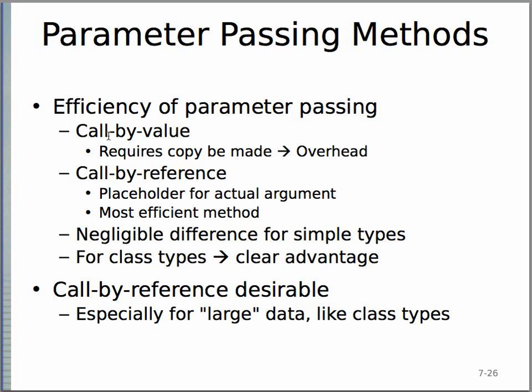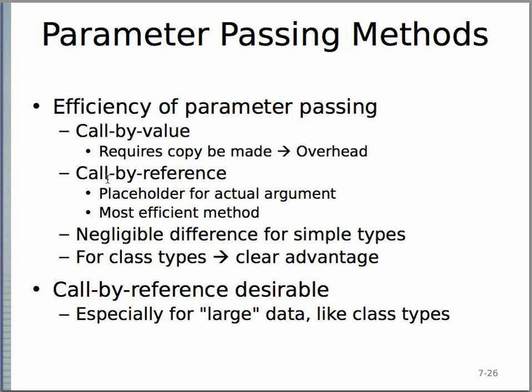If you're passing a primitive data type, you're passing by value. So I remember I said that in the case of Java, it's always passed by value. Actually, it's only sort of true. For primitive data types, it's always passed by value. For objects, it turns out it's always passed by reference.